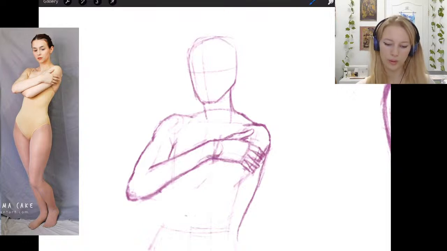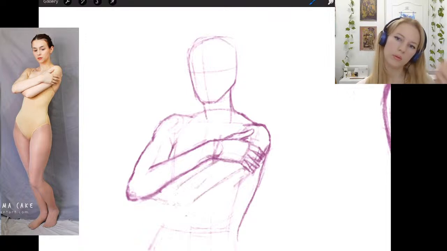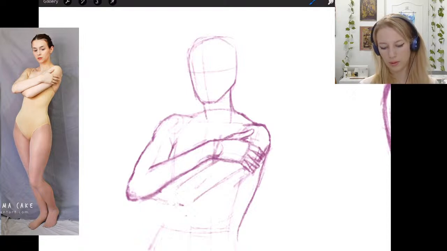Trying to understand where the chest is located. Here we can see the other hand, which is put significantly close to the other hand, and it definitely gives us a clue how volumes work out here.